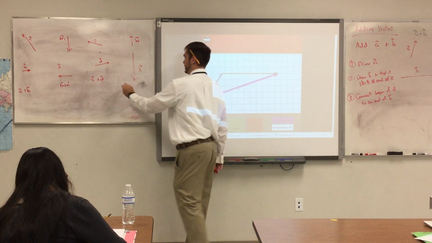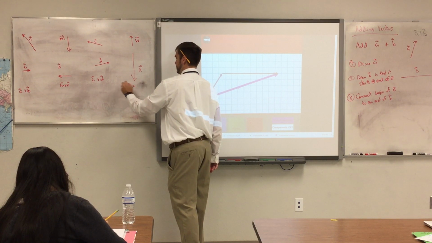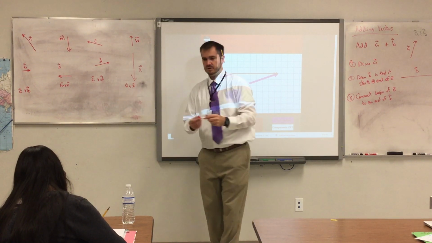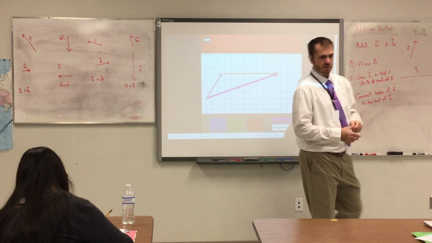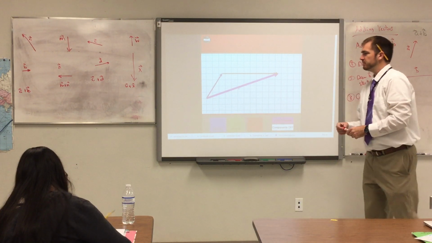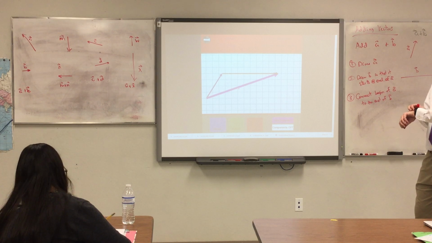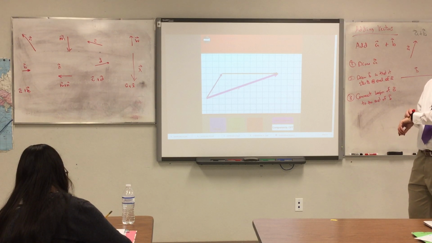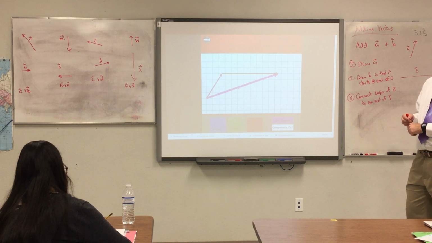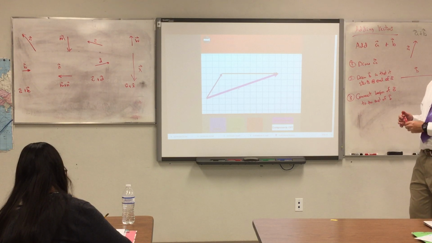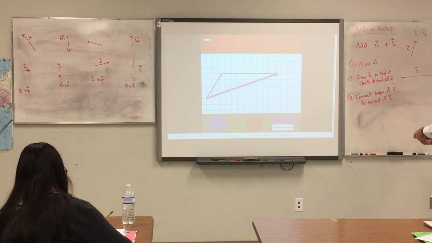Figure out what W plus X is. That should be enough. So on your paper, I'll give you about 2 minutes while I walk around. Try to do A plus B, M plus N, C plus D, and W plus X.